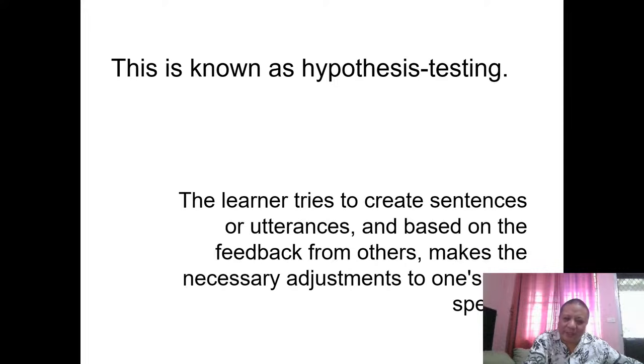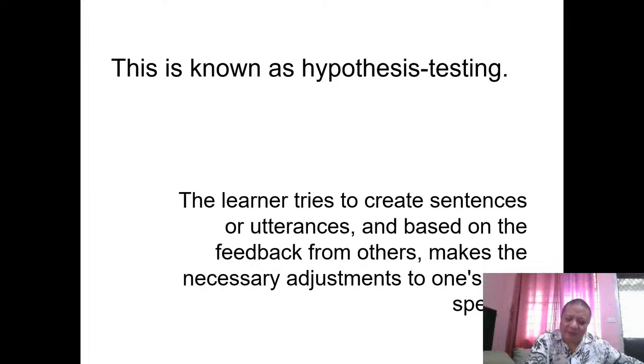The learner tries to create sentences or utterances and, based on the feedback from others, makes the necessary adjustment to one's own speech. So you try to say something, and based on the feedback from others, you adjust your speech. Maybe you realize your grammar, your utterance, is quite good already, or maybe you realize there's something wrong with your utterance in a way that it doesn't produce the right expression, or it's not consistent with your purpose.